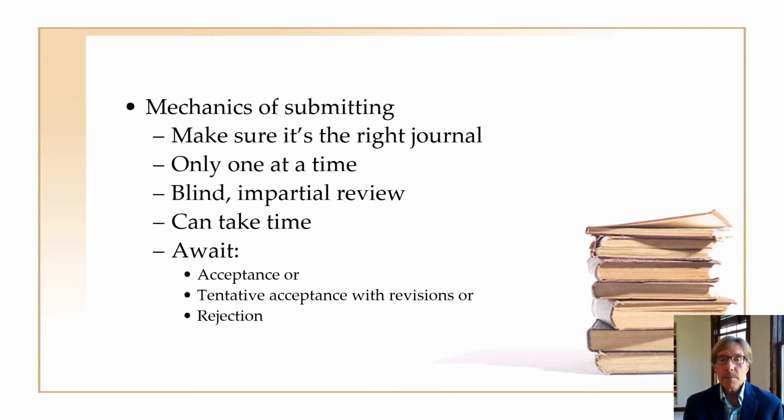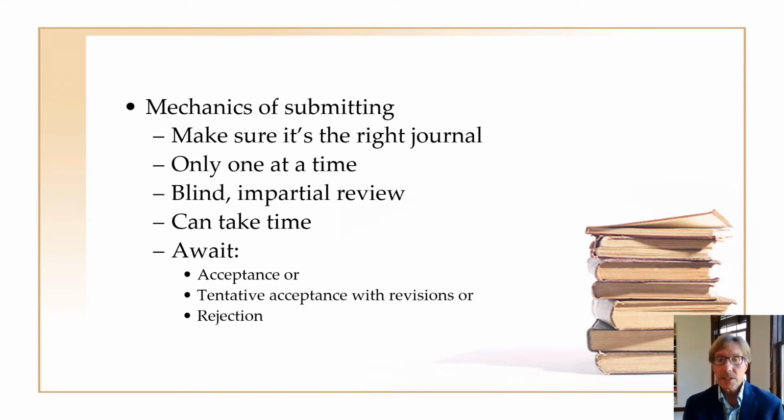The blind aspect of this means that whoever is reviewing your article, typically 2 to 3 reviewers, they don't know anything about you, so that they are blind to who you are. That maintains impartiality, so that there are no biases creeping in, good or bad.